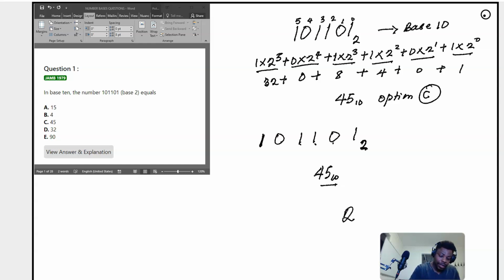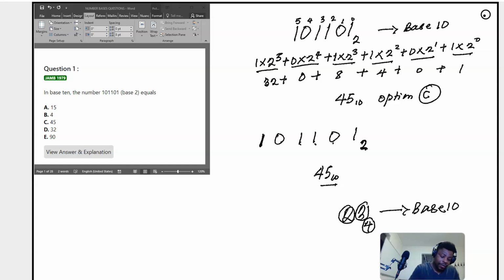You have 23 in base 4. You want to convert to base 10, okay? So all you need to do is use the base to multiply the first number. 4 times 2, that is 8, okay? Then 8 plus 3, that is 11 base 10. Easy.